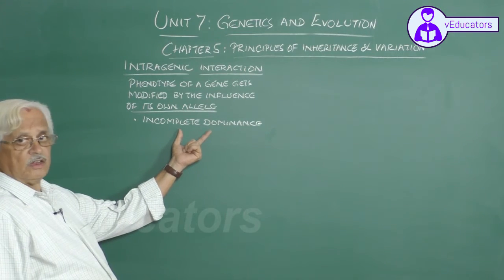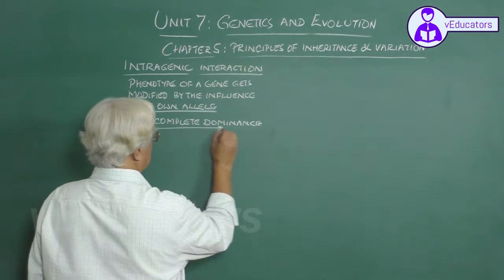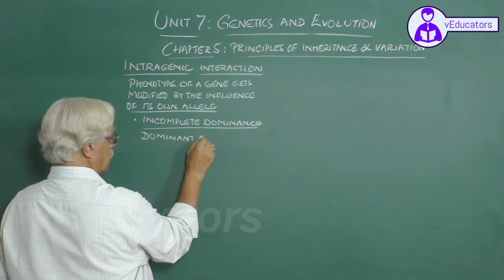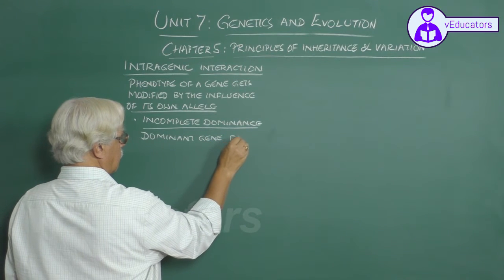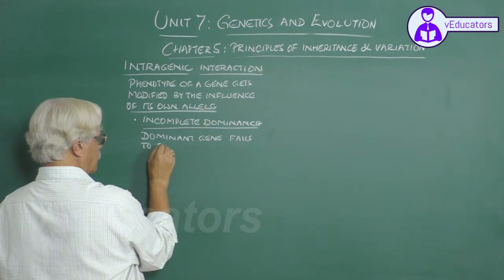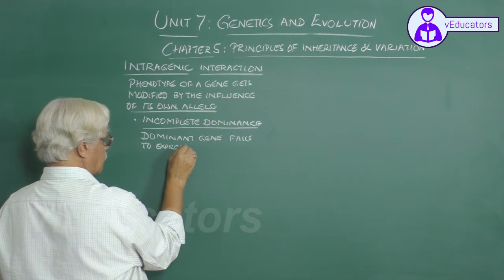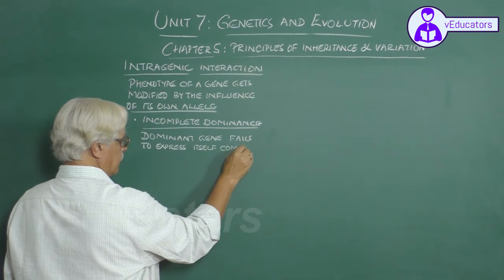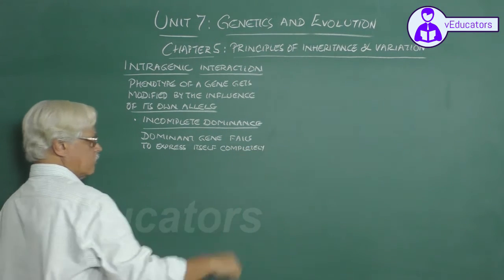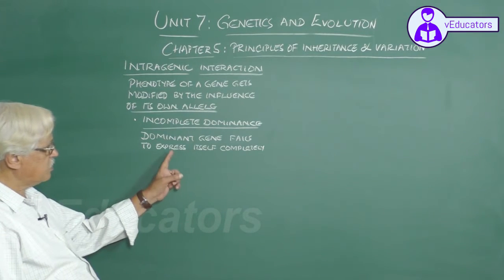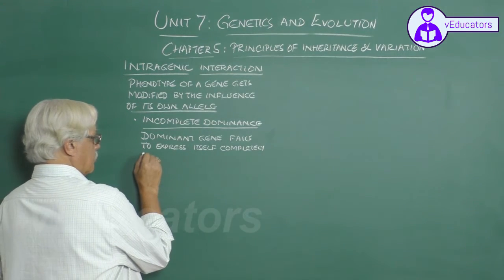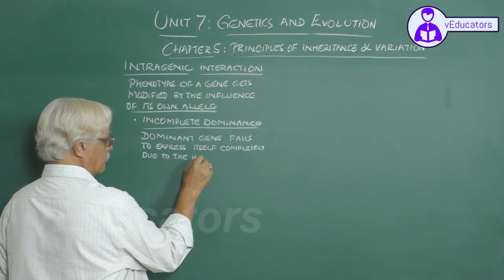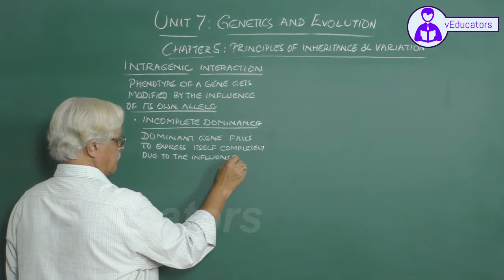This phenomenon is called incomplete dominance because here the dominant gene fails to express itself completely due to the influence of its allele.